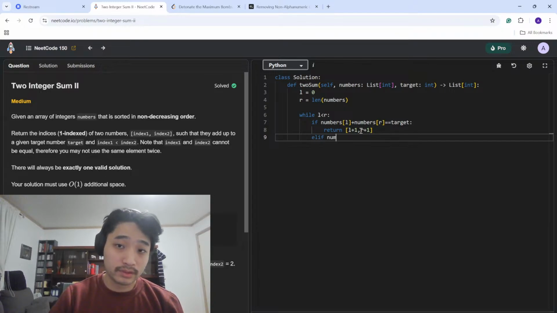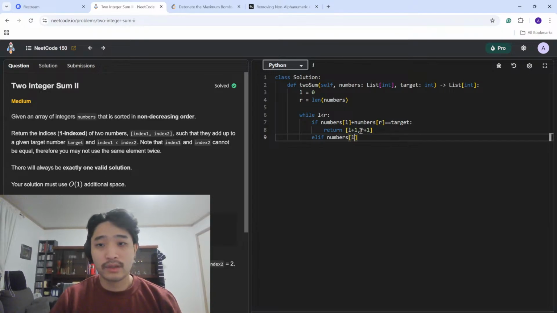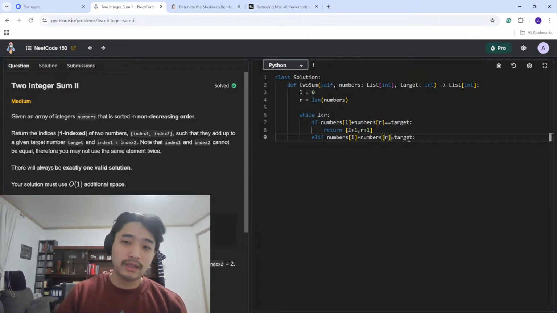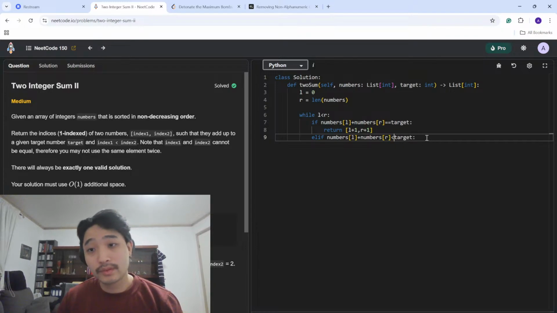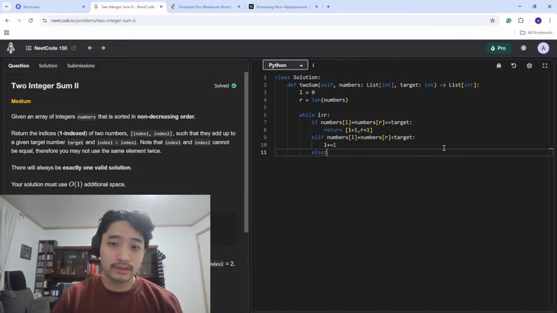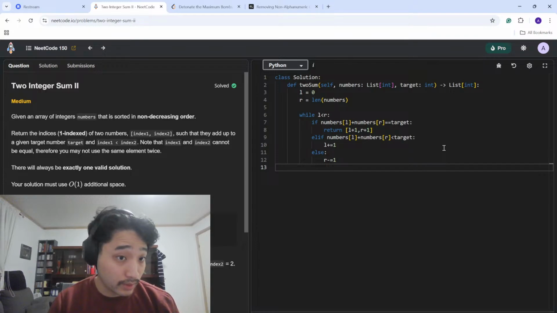If numbers L, I just copied it so I don't need to write it so many times. Let's say it's less than the target. Since it's less, we need to increase, so L has to increase. L plus equals 1, and else it's R minus 1. And we know for a fact there is exactly one valid solution.